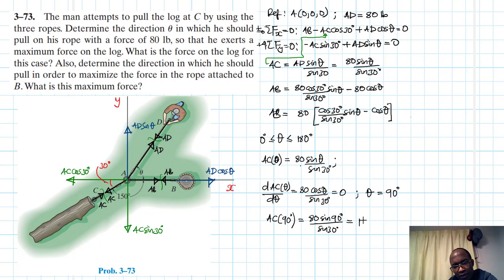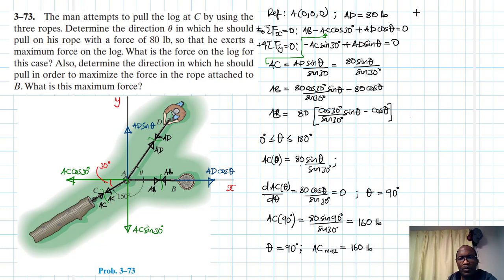So this gives us 160 pounds. So therefore theta equal to 90 degrees will give us AC max equal to 160 pounds.